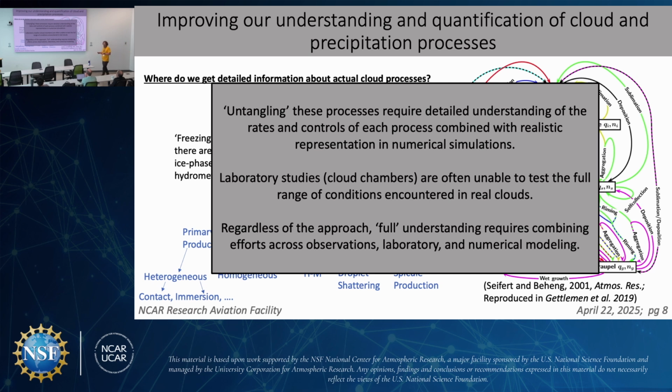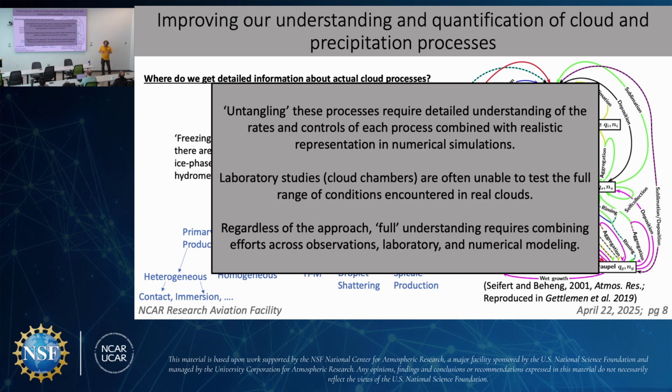We look at the results from the numerical simulations, and we say, okay, we're producing too much ice, or we're producing not enough ice. Let's change the rates here, change the rates there. And we essentially have all of these tunable knobs that we're moving.